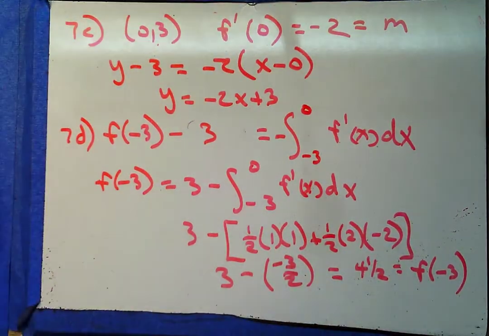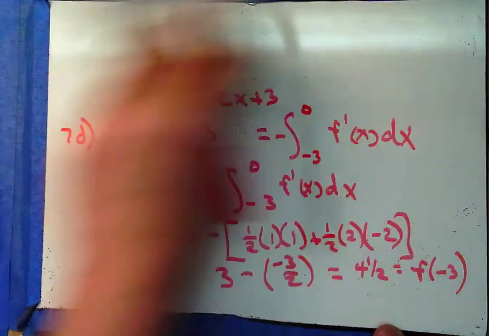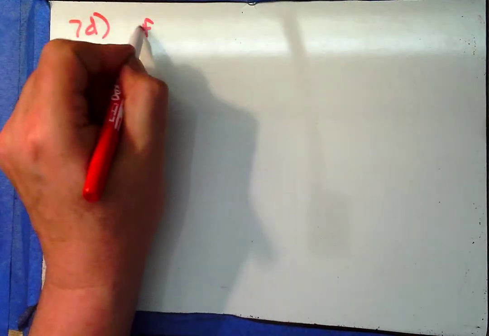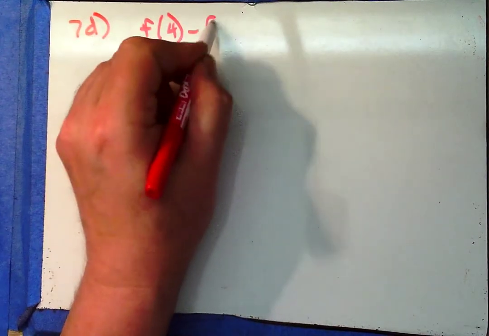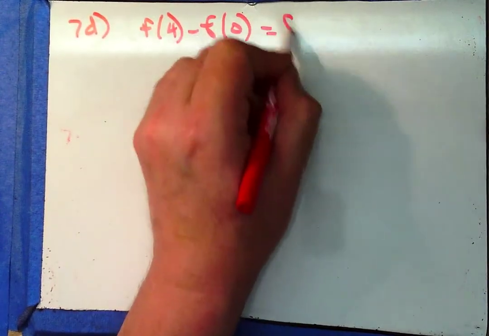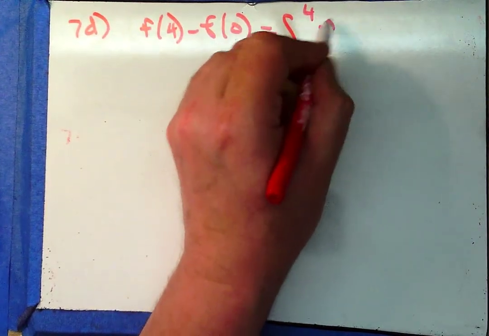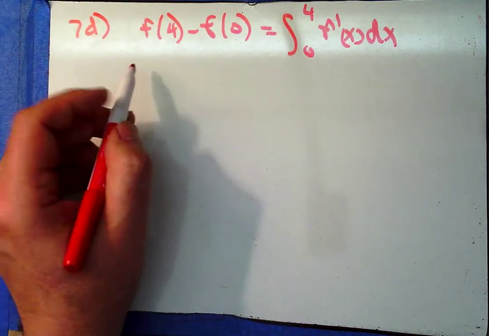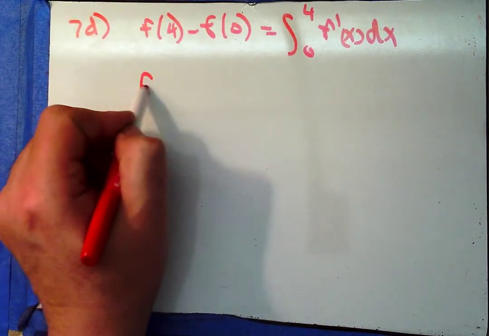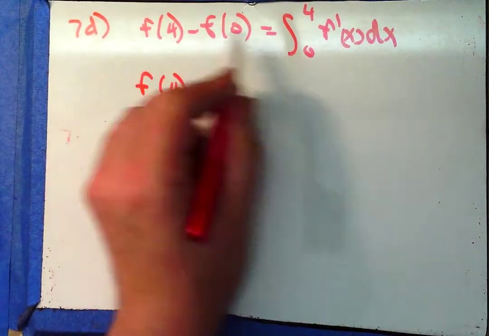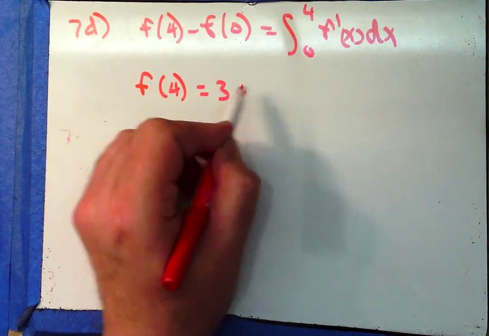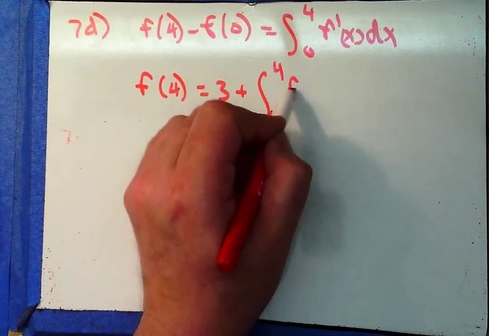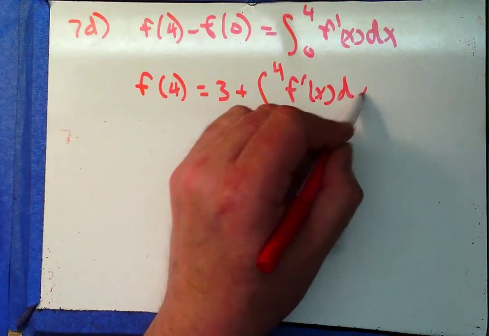We still need to find f of 4, but I'm going to use that same FTC2 approach. f of 4 minus f of 0 equals the integral from 0 to 4 of f prime of x dx. We know that f of 0 is still 3. So if I add 3 to both sides, 3 plus the integral from 0 to 4 of f prime of x dx.